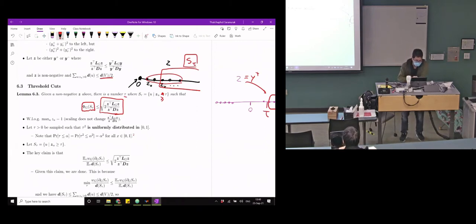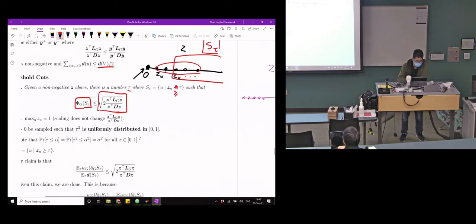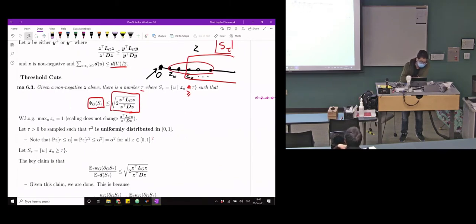So the first step to proceed is, I will assume that the maximum entry in the vector z is at most 1, because I can scale z. It doesn't change the ratio here at all. So now the most negative one is 0, and the maximum is 1.